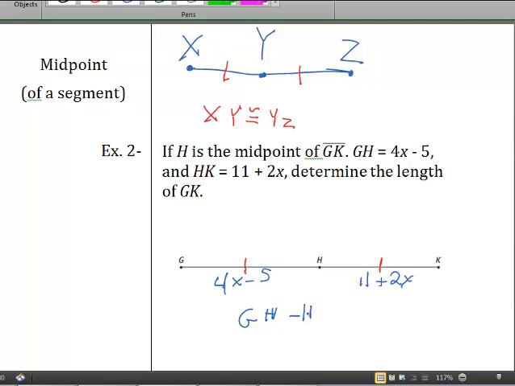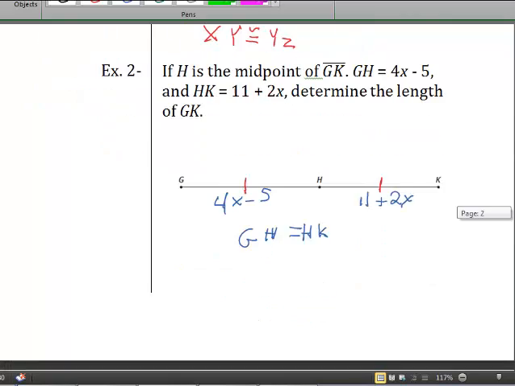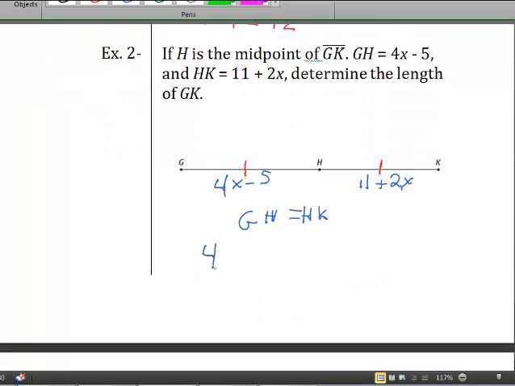So I can write it out with my algebra expression that I have. 4x minus 5 is going to be equal to 11 plus 2x. Okay, just solve for x, so I subtract 2x from both sides. I like to get my variables on the left-hand side, whether it be positive or negative. 4x minus 2x is 2x, minus 5 equals the 11 that's left over.